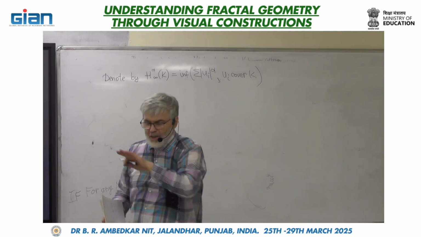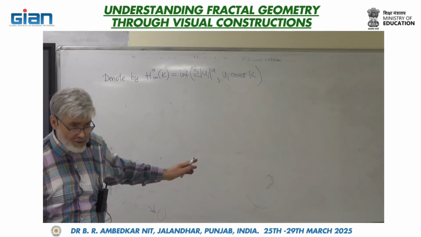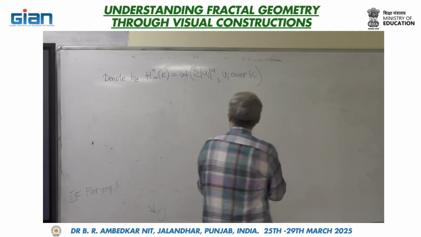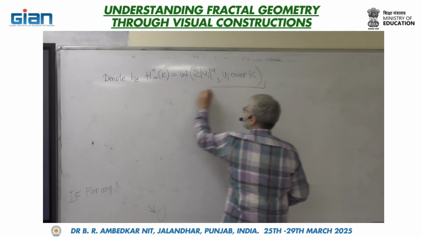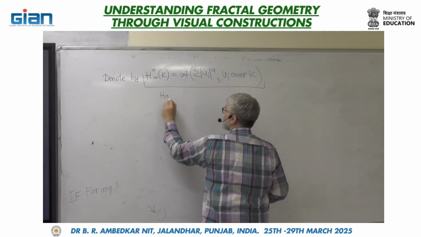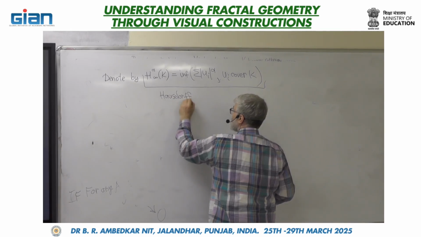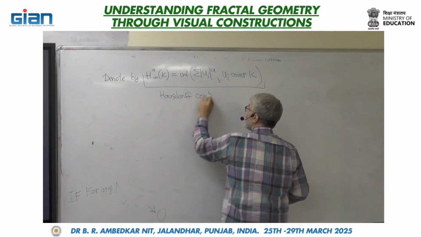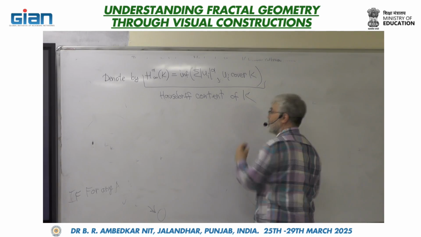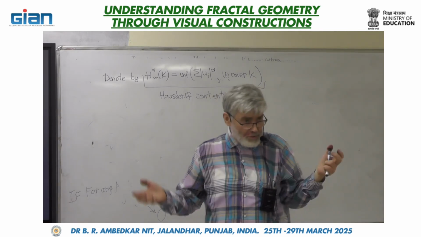So we erase the restriction on diameters, and we get the thing which is called Hausdorff content of K. This value is easier to find.